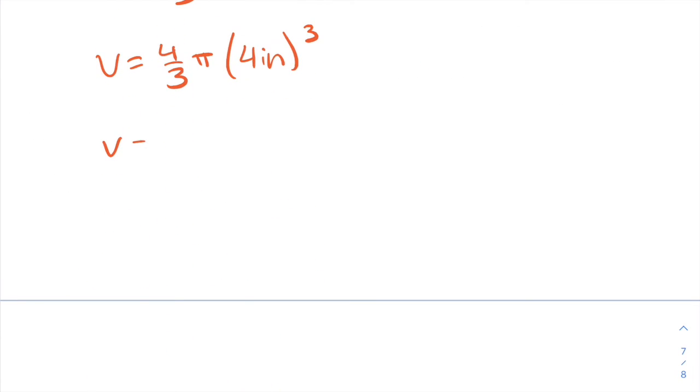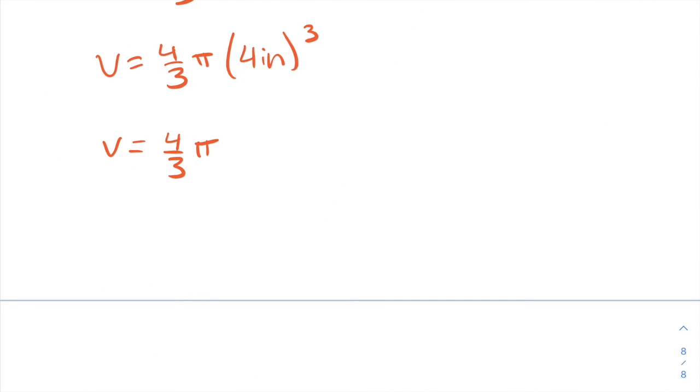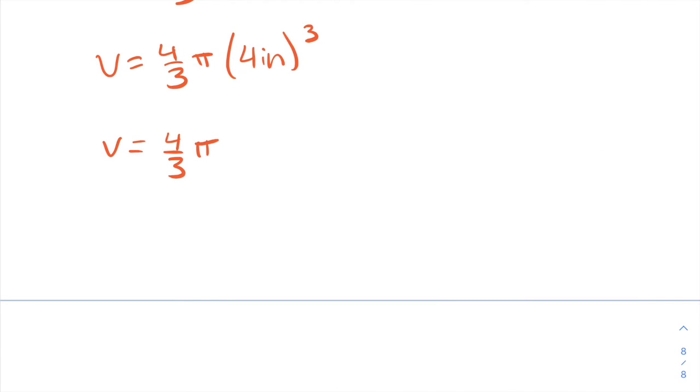And so volume equals 4/3 pi. 4 times 4 times 4 is 64. Oh, I'm sorry about that. 4 times 4 times 4 is 64. So we have 64 inches cubed.